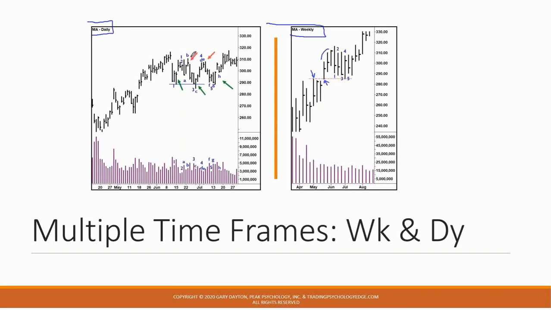Now look at what happens on the daily. At bar B, hang on a second, okay. We actually, bar B here is a minor up thrust, and you can see it here. That's what we're trading right in here. It's a minor up thrust of bar 2.